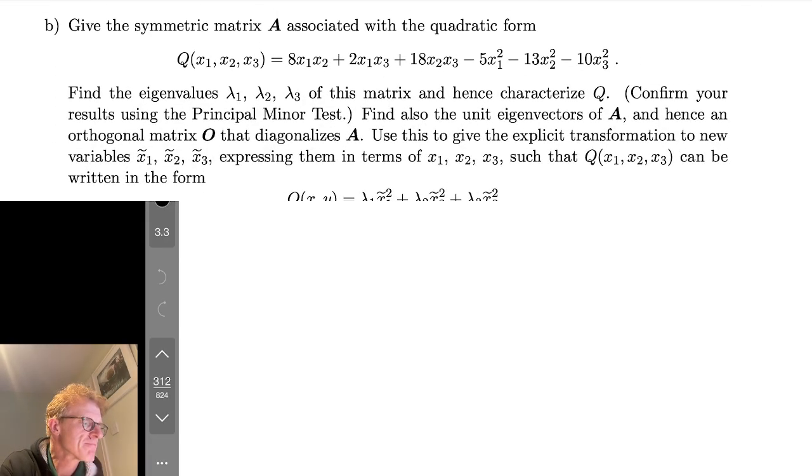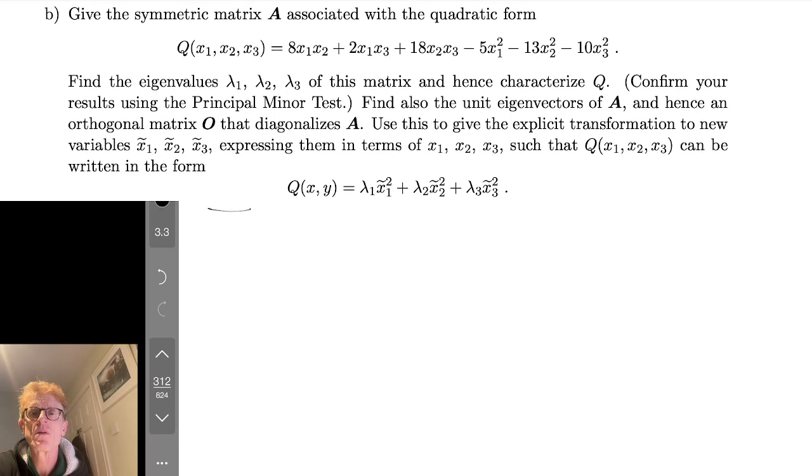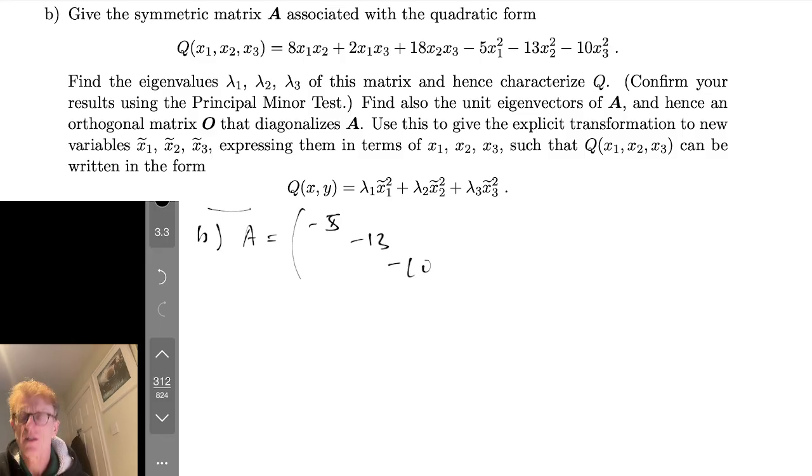So b, we write down b2. We write down a is minus 5, 4, 1, 4, minus 13, 9, 1, 9, minus 10. So first we need to calculate this determinant.